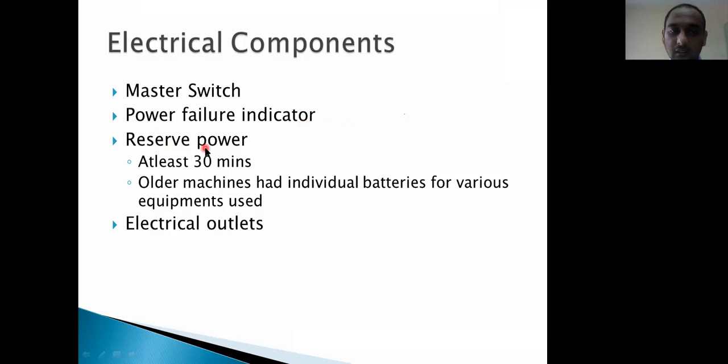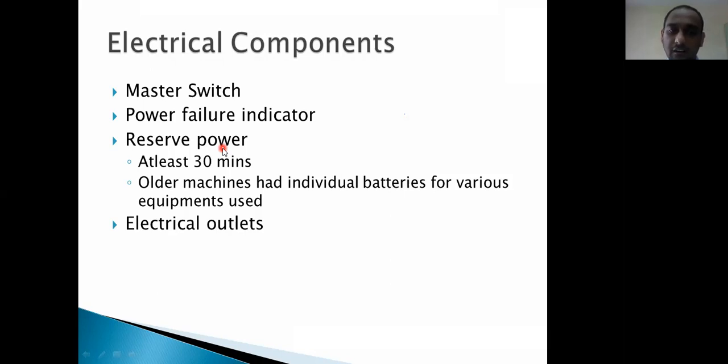Then when there is a power failure, we switch to reserve power. At least 30 minutes of reserve power is mandatory for any anesthesia workstation. All functions should be supported for at least 30 minutes. Now, in the older machines, as you had seen in the previous slide, every component had a separate battery.